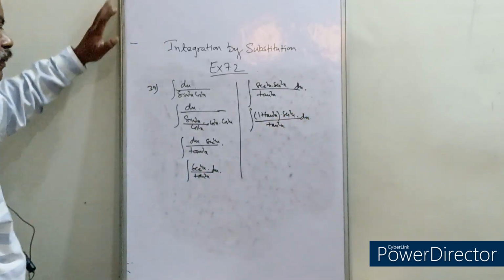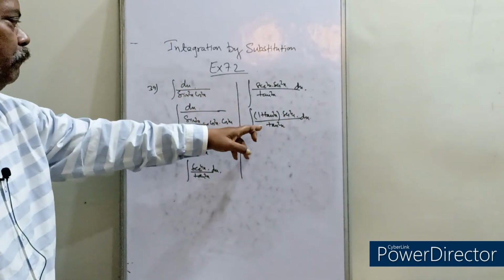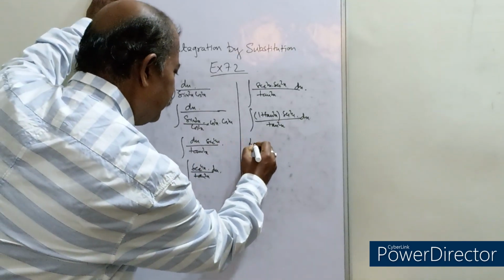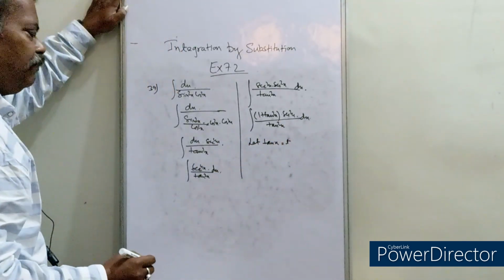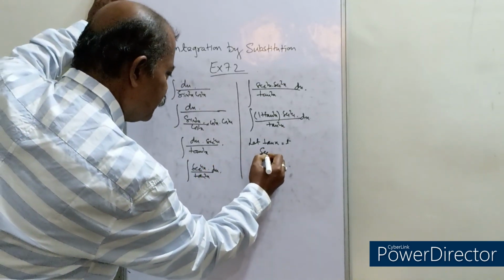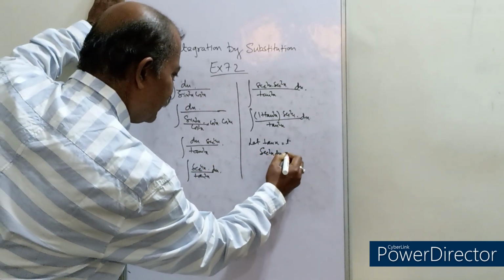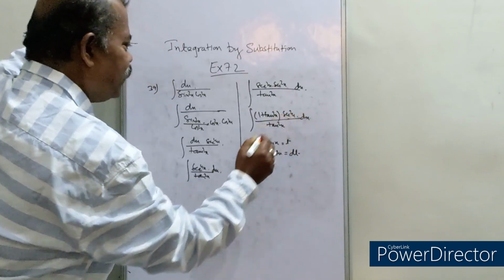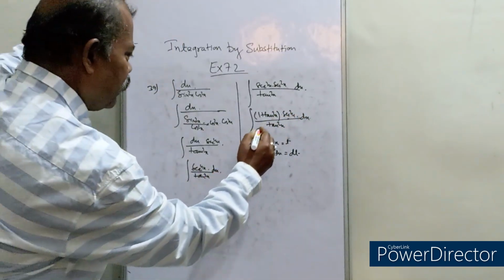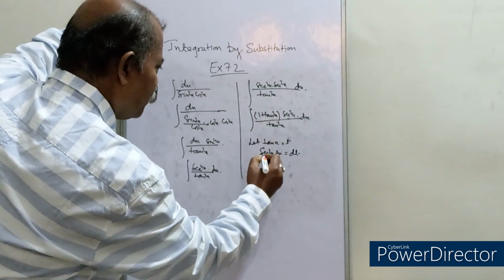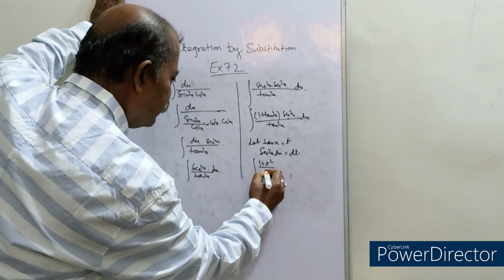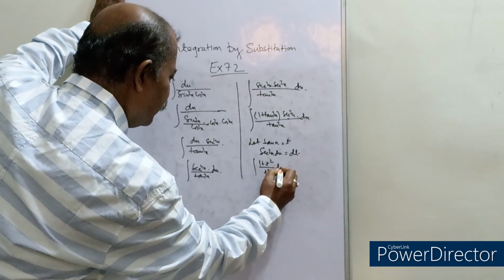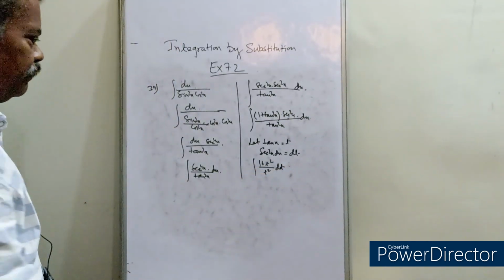Why I have written it like this in sec^2 will be clear now. Suppose tan x = t. When you differentiate it, sec^2 x dx = dt. So this becomes (1 + t^2)/t^2 dt.